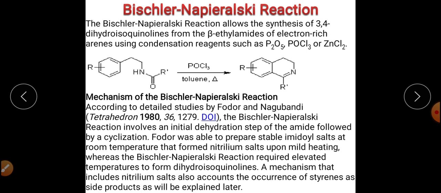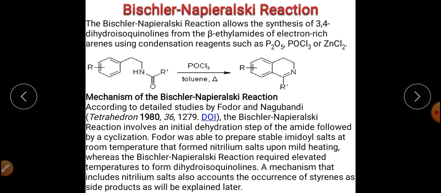Different kinds of condensation reagents can be used for this reaction, that includes phosphorus oxychloride, that is POCl3. It may include ZnCl2, and it may also include P2O5.